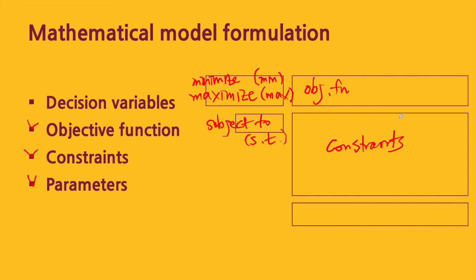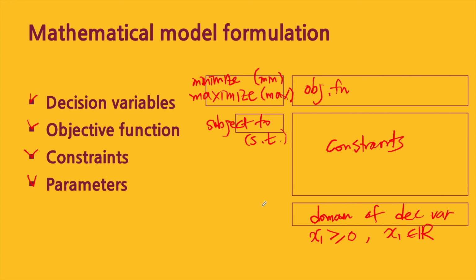And then right below the constraints, you are supposed to specify the domain of the decision variable. For example, you have a decision variable x1 that is non-negative and real value like this.